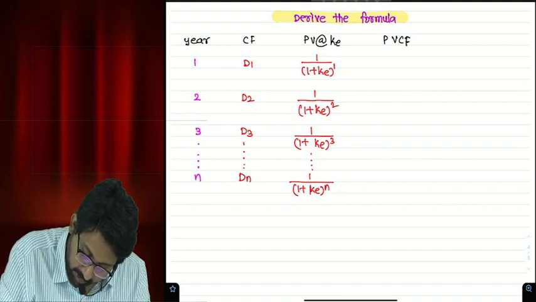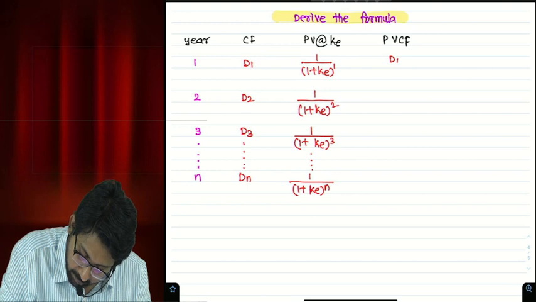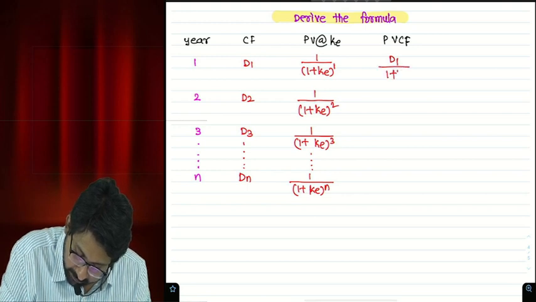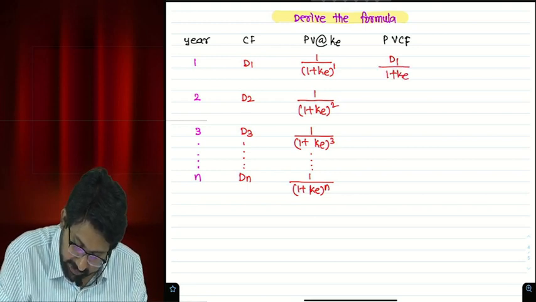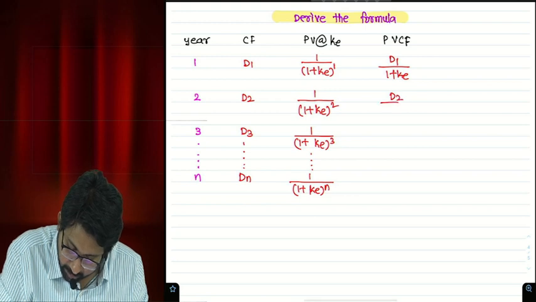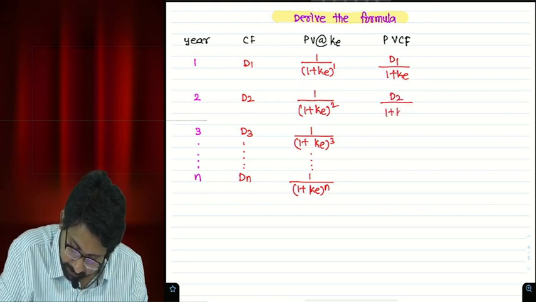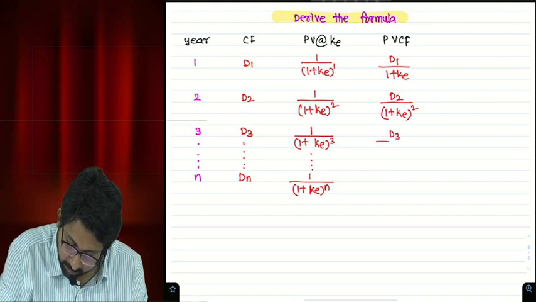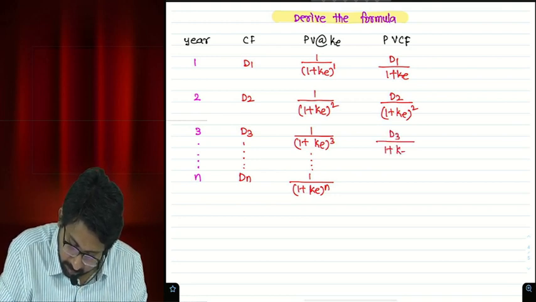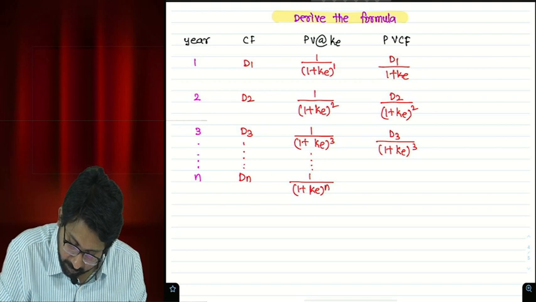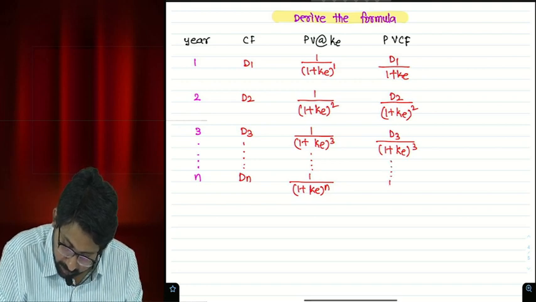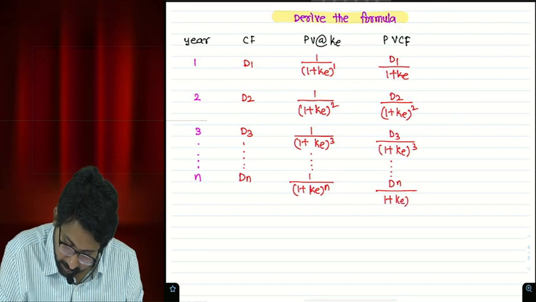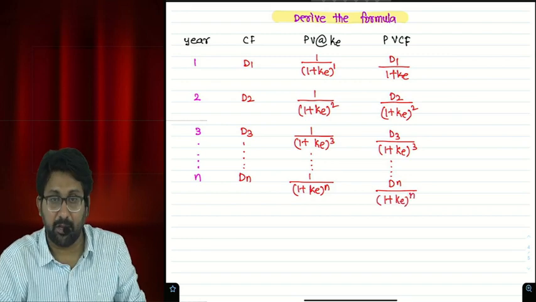Let's multiply both of them. D1 by 1 plus KE, D2 by 1 plus KE whole square, D3 by 1 plus KE whole cube, Dn by 1 plus KE whole power n.